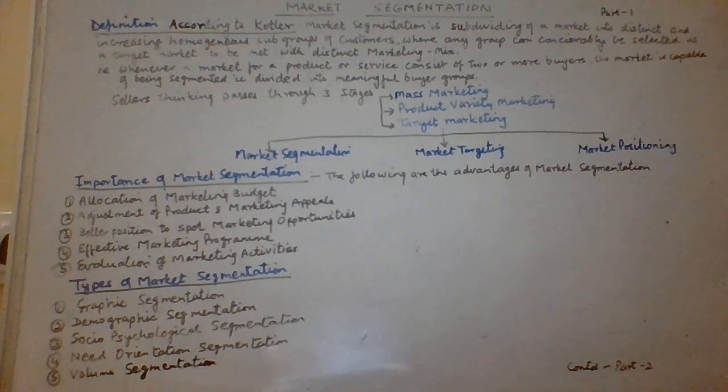So it helps the manufacturer to find out and compare the market potential of the products, and if the product becomes obsolete, then the product could be diversified or discontinued.